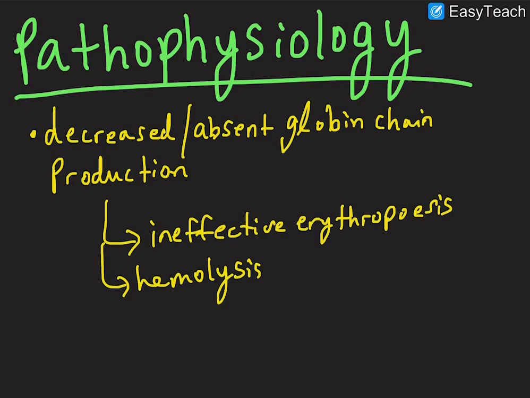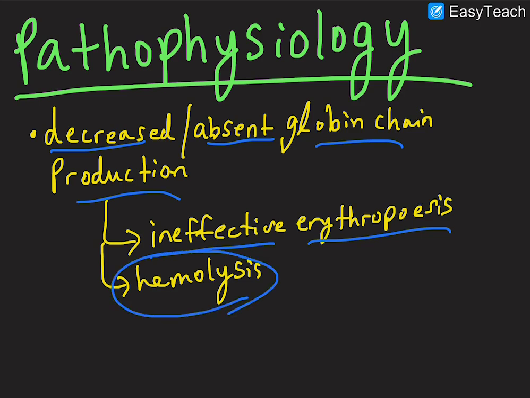The basic pathophysiology of thalassemia is decreased or absent globin chain production, which means that you can't produce adequate hemoglobin, which means you won't be able to produce properly functioning red blood cells. So you're going to have ineffective erythropoiesis, or the ineffective production of red blood cells, and you're going to have hemolysis.